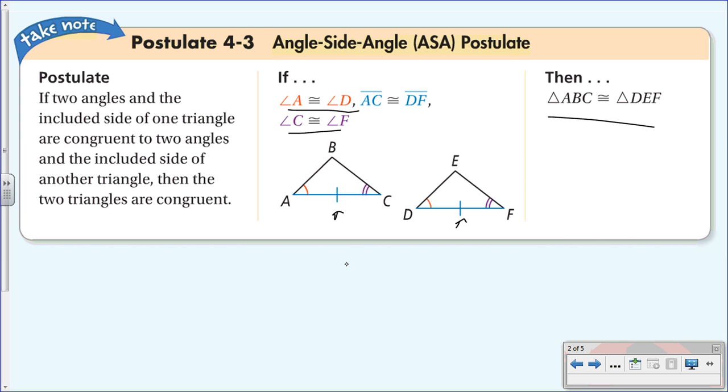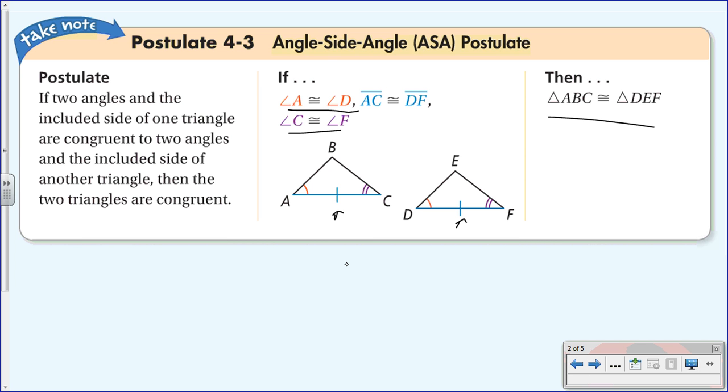An easy way to remember this is your side has to touch the vertex of each angle that is congruent in each triangle. So in this case, we have to use side AC because we're using angle A and angle C. Just like in the second triangle, since we're using angle D and angle F, we have to use side DF. There's no way around it.